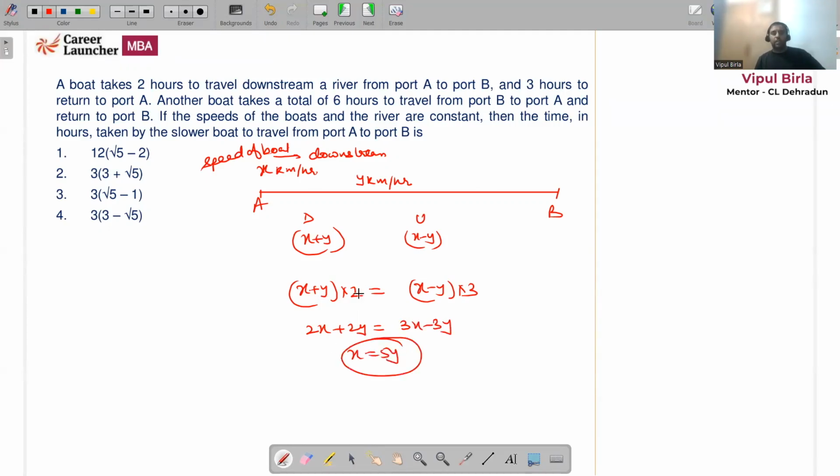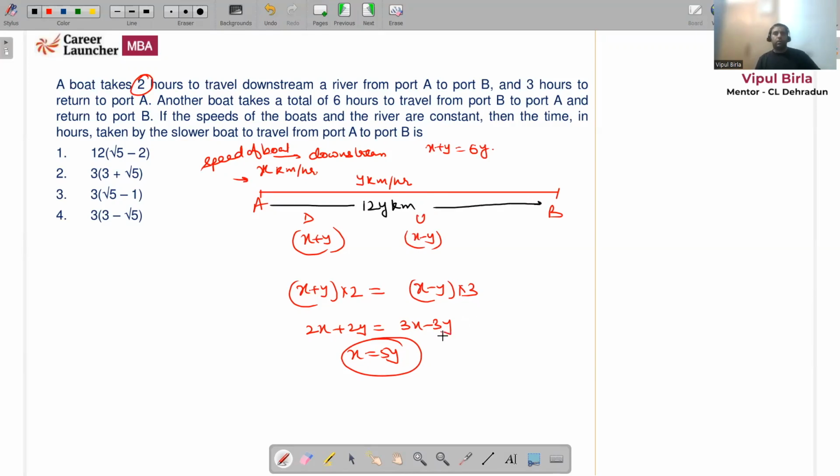So in the first case, speed of the boat is 5 times the speed of the water. So that means downstream speed will be x plus y, which is 6y, right? And upstream it is going to be nothing but 4y. And the total time taken is going to be 2 hours.